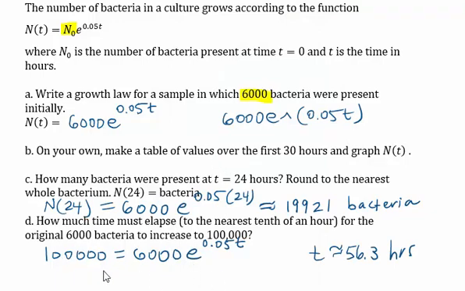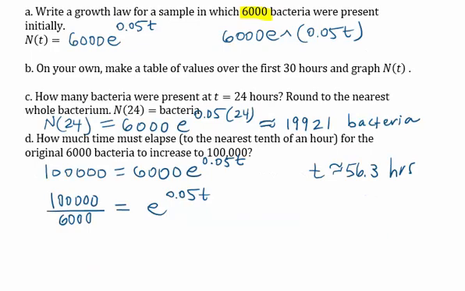Another option is to use the natural log to solve this equation. The first thing I'm going to do is isolate the power, and I do that by dividing both sides by 6,000. And we can simplify this, and so we get 100 over 6, or you can write it as 50 over 3.